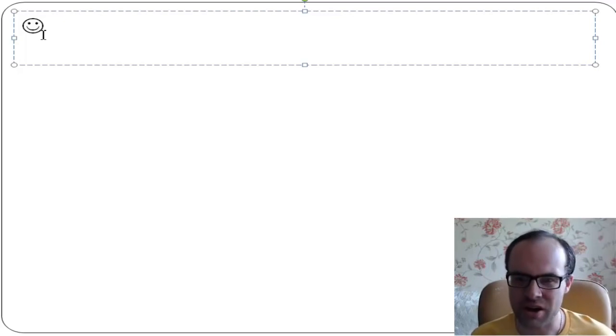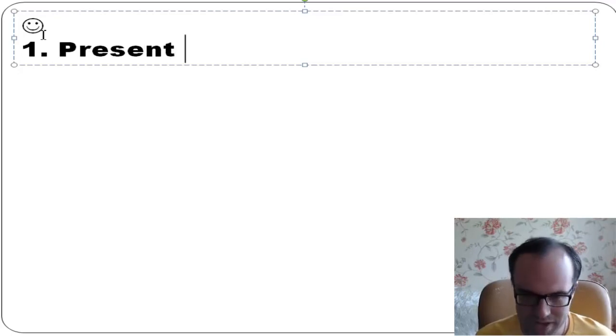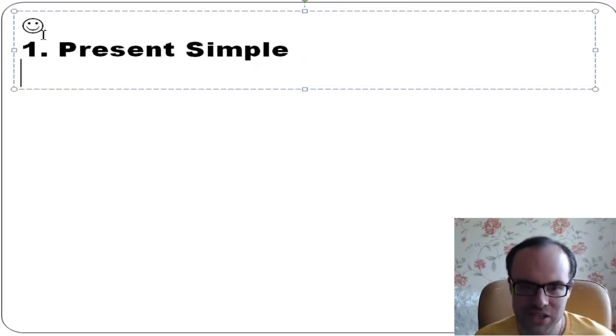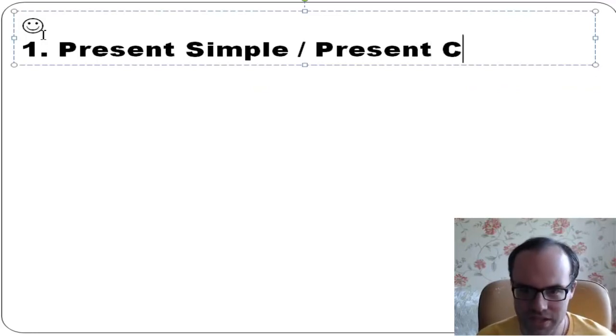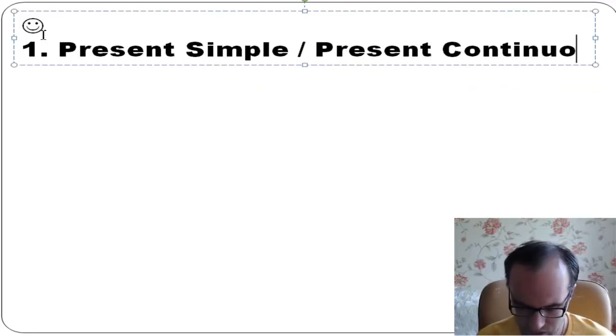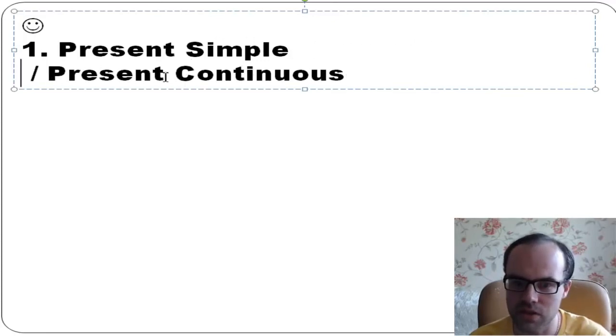And let's start with something simple. So the difference between present simple and present continuous. Do you know the difference between these tenses?